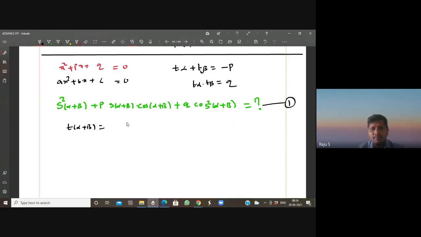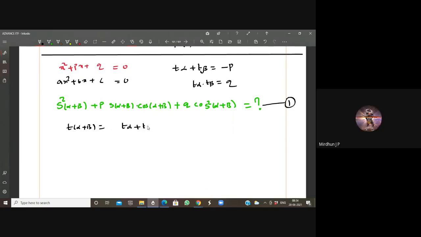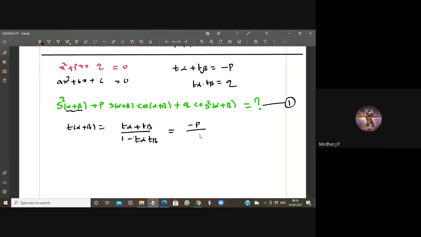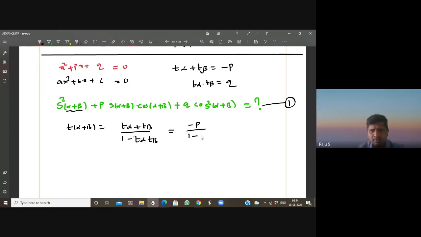Yes, tan alpha plus beta is tan alpha plus tan beta by 1 minus tan alpha tan beta. Because the question is also in terms of alpha plus beta, first you should find tan alpha plus beta. What about this value, Omar? Minus p by 1 minus q. That is p by q minus 1. Am I right?